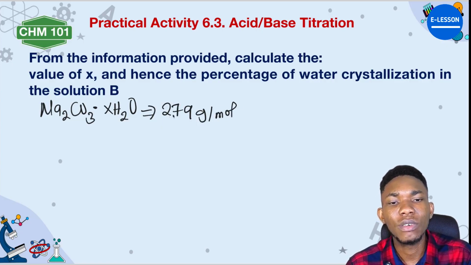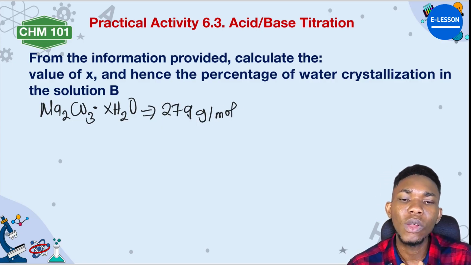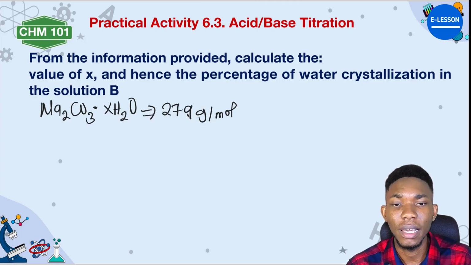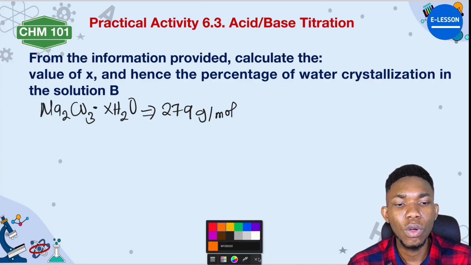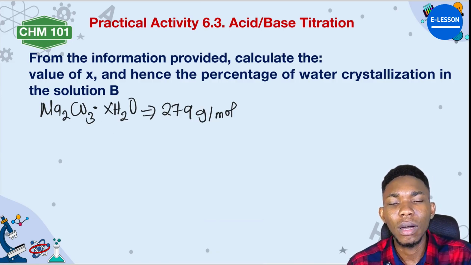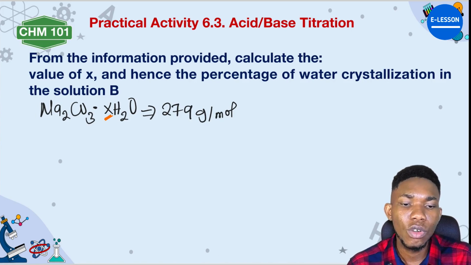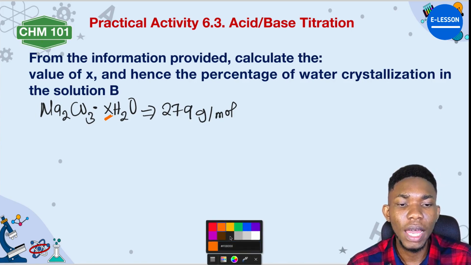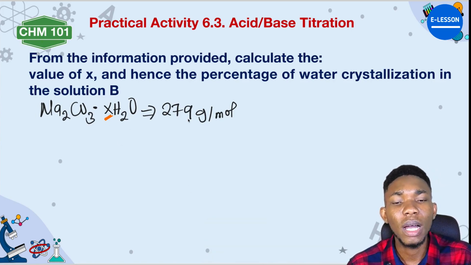The molar mass is the sum of the atomic masses of everything present there. But what we are looking for is X. We don't know the value of X here, but we know the atomic masses of everything else, so you should be able to calculate the value of X.